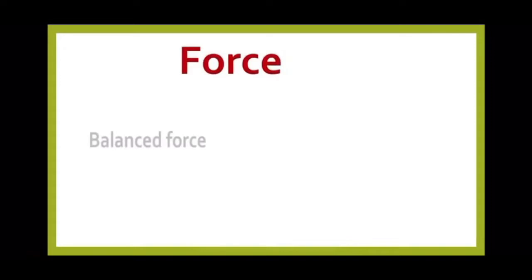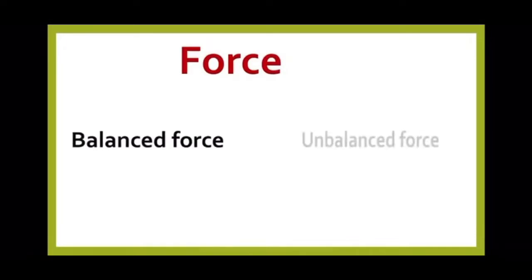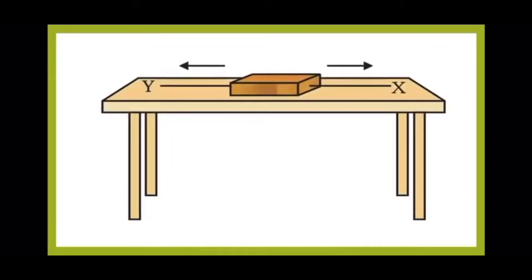Now, force can be divided into two: balanced force and unbalanced force. We can study it in detail. This figure shows a wooden block on a horizontal table. Two strings X and Y are tied to the opposite faces of the block as shown.